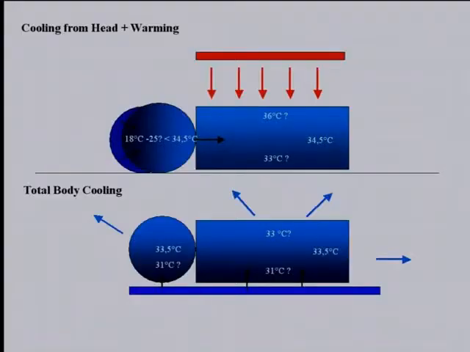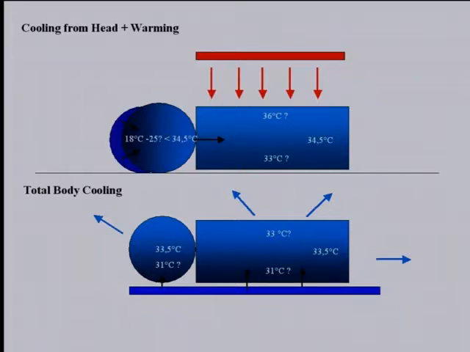Next slide. First of all, the two principles of cooling, one is from the head with a cool cap. You will have a very cold cortex and then maybe somewhat lower basal ganglia, but they will have probably the temperature of the body temperature, which will be lower because the cold blood will go to the body.